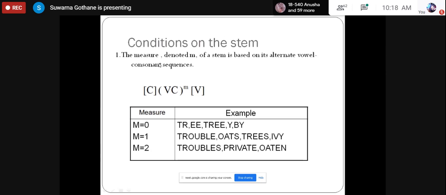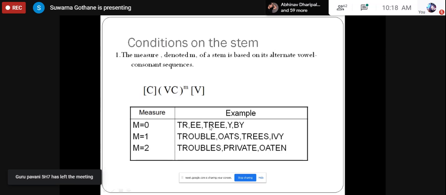We need to check, because on this further rules are going to be there. We need to check vowel and consonant, how many times a combination of vowel and consonant has appeared in a word. So we look for the vowel. Do we have any vowel here? No. Here, do we have? Yes, but after that a consonant is not there.